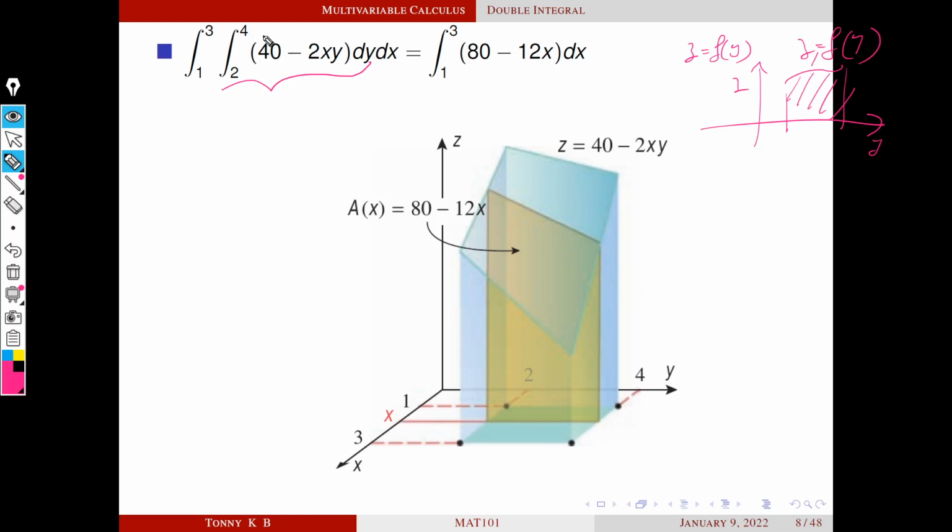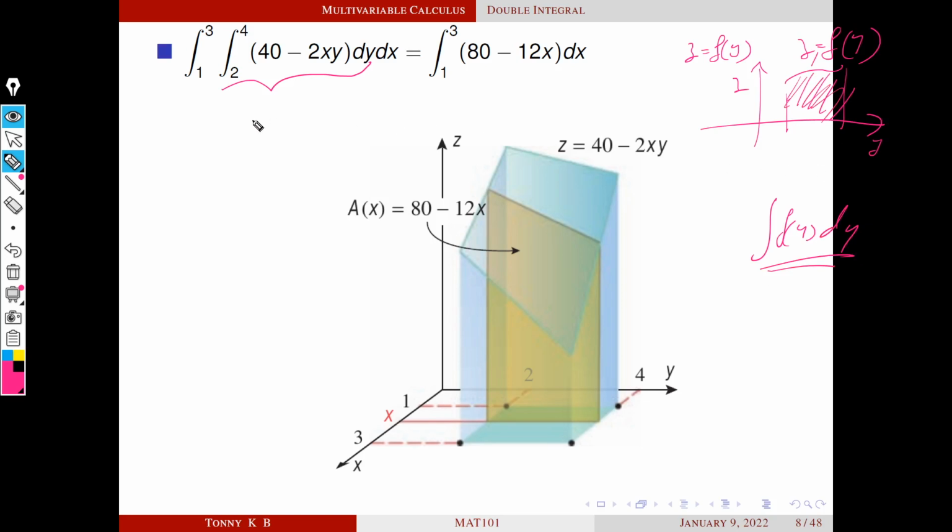So we can treat this function 40 minus 2xy as a function of y alone, z equal to f of y. Then we know that in the zy plane, you can think z equal to f(y) as a curve like this. Okay, and what is the meaning of integral f of y dy? This is nothing, it is the area between the curve.